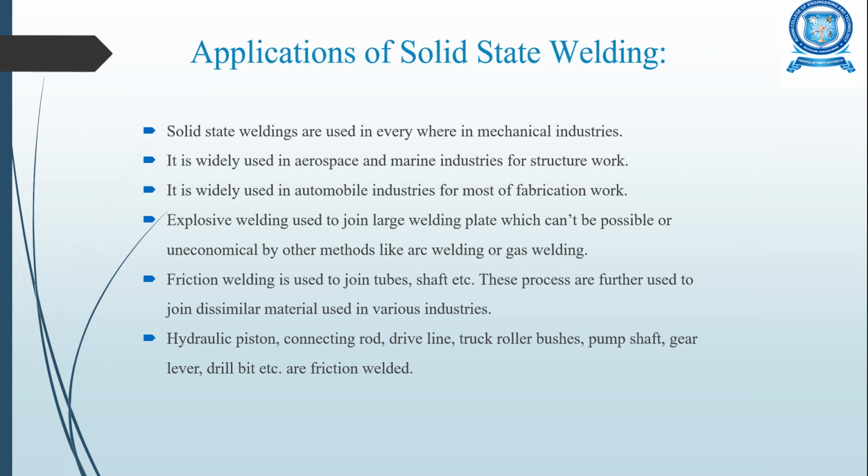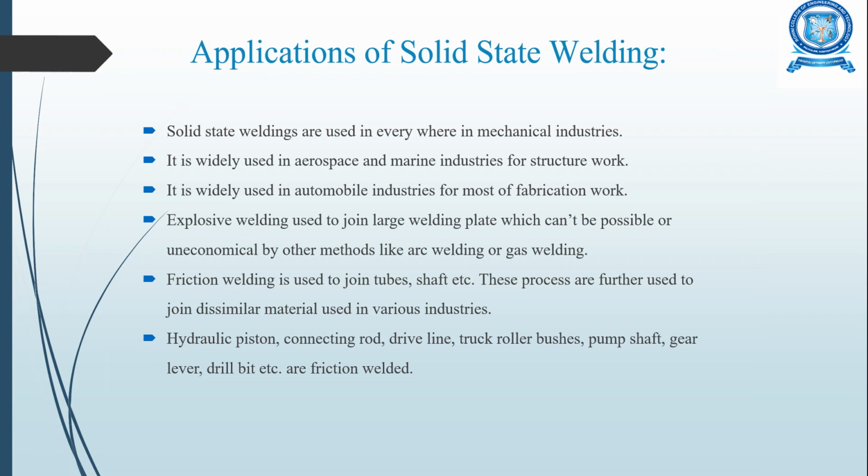Coming to the applications of solid state welding, these types of welding are used everywhere in mechanical industries. It is used in aerospace and marine industries for structural works, and widely used in automobile industries for most fabrication work. Explosive welding is used to join large plates, which may not be possible or may be uneconomical by other methods like arc welding or gas welding.